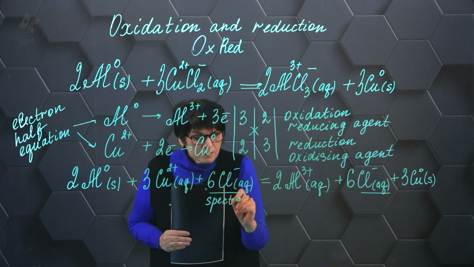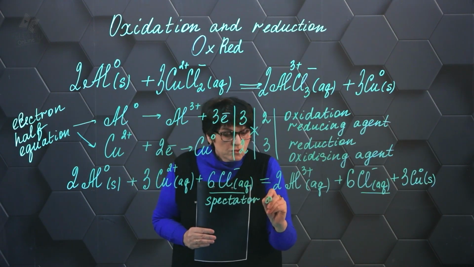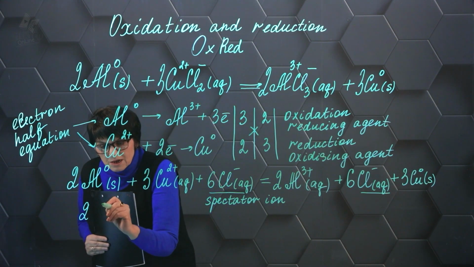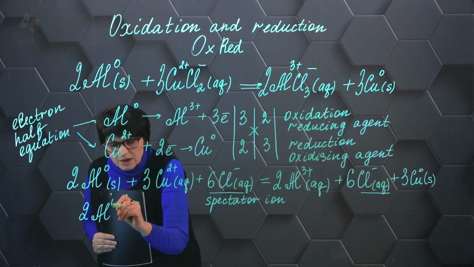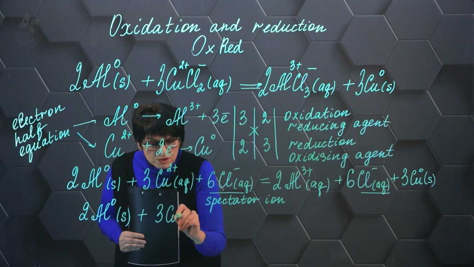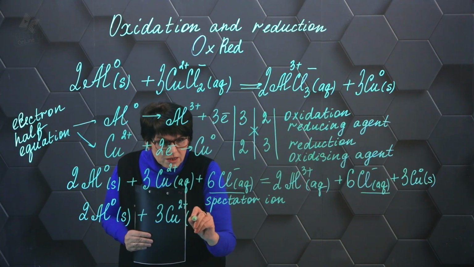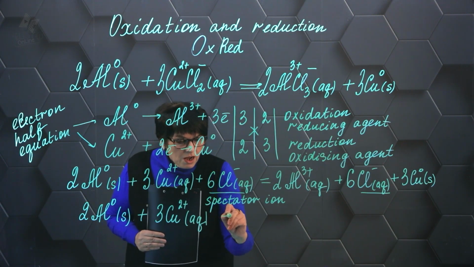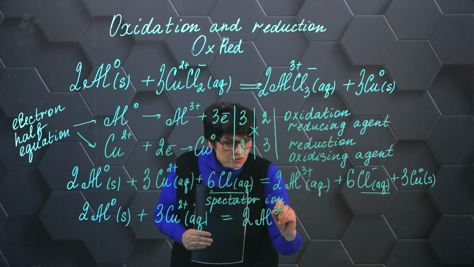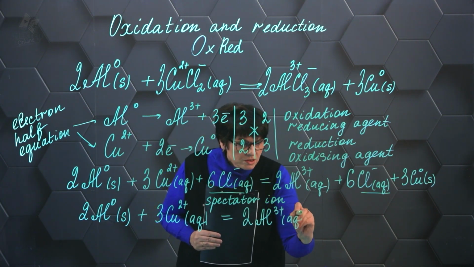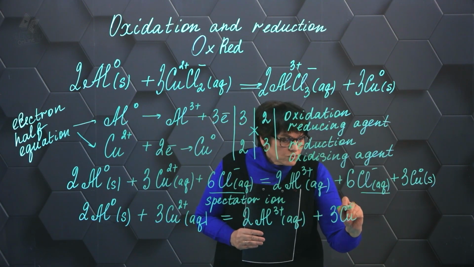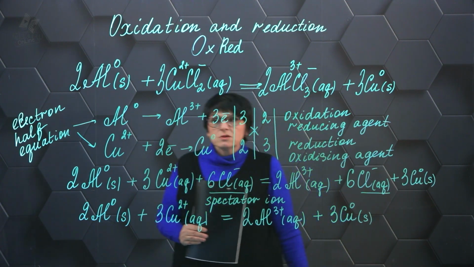We can reduce these ions on the left and on the right, and then we're left with 2 aluminum with a 0 charge, solid, plus 3 copper ions with a charge of 2 plus in solution, and on the right side we're left with 2 Al3+ as ions in aqueous solution, and 3 copper, which has a 0 charge, and it will be in a solid state.